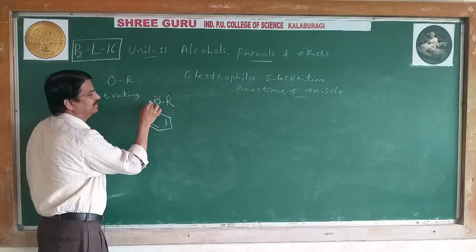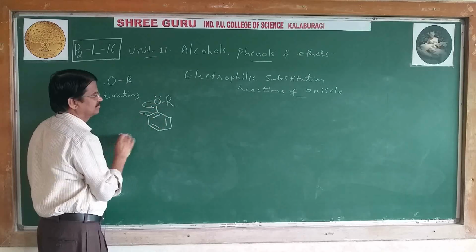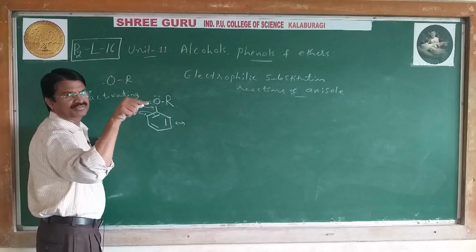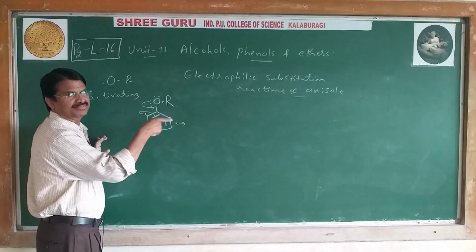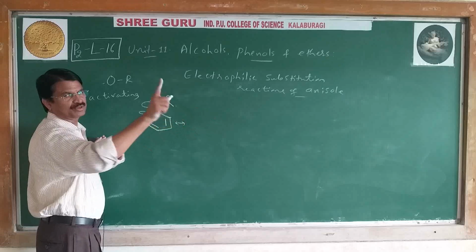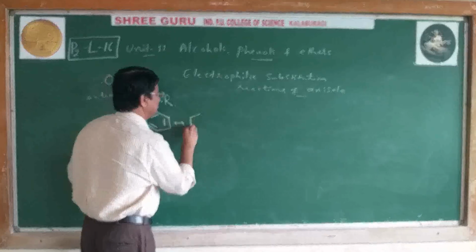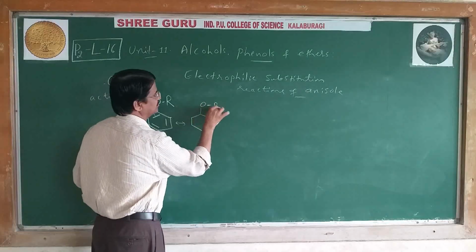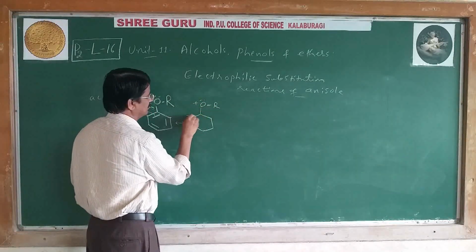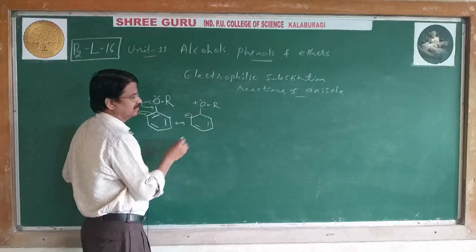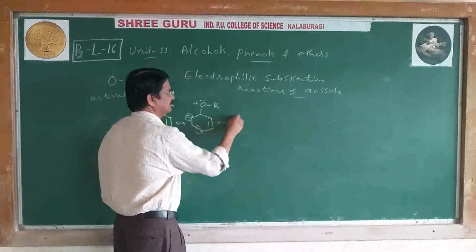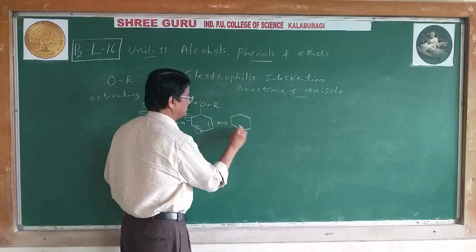The structures are similar to the phenol topic, as I told about resonating structures of phenol and phenoxide ion. The same type we can write for anisole or alkoxybenzene. Then similarly, you can show delocalization of the pi bond with negative charge.